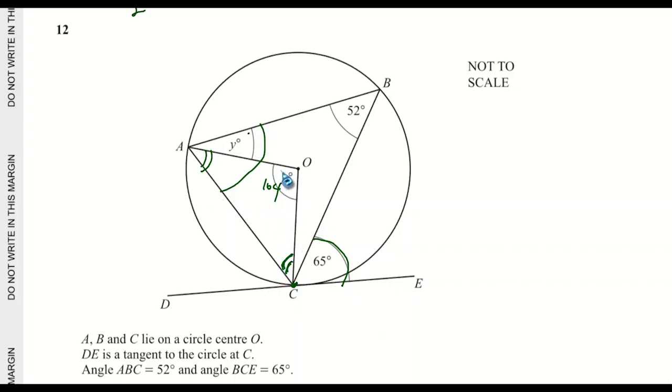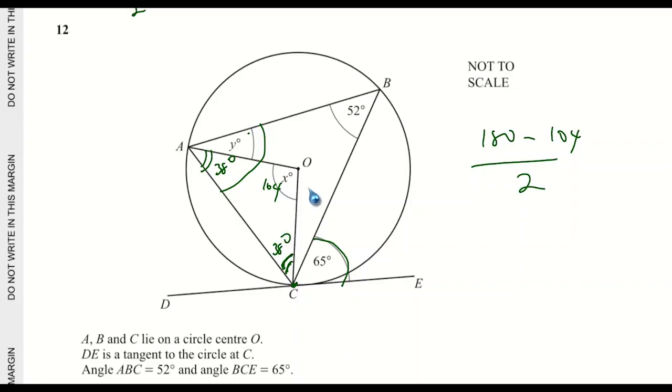To get this one, these two base angles of the isosceles triangle and 104 add up to 180 degrees. So I can say 180 minus 104, divided by 2, gives each of these angles. So this will be 38 degrees, this will be 38 degrees.